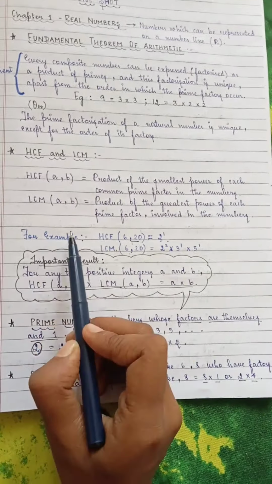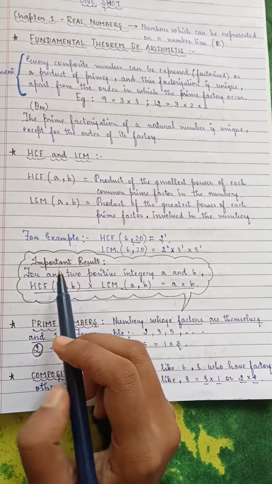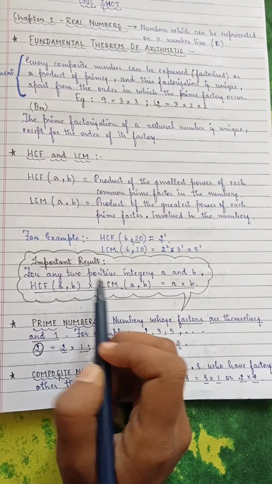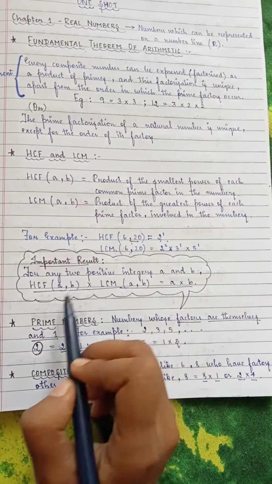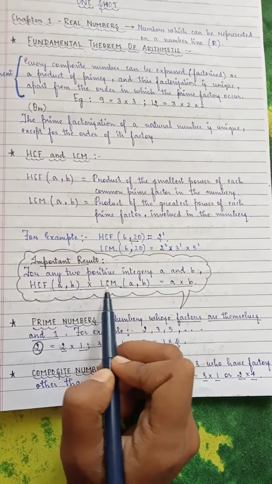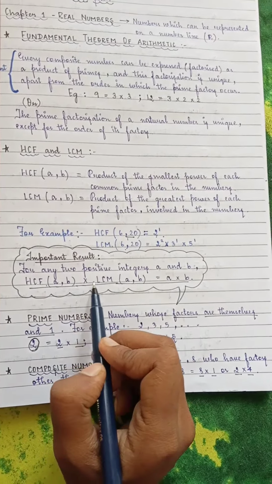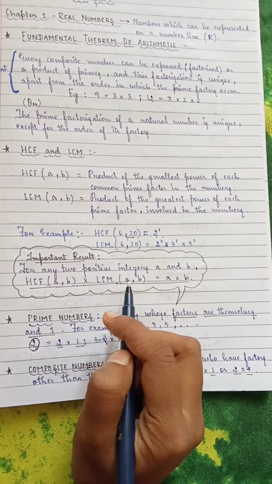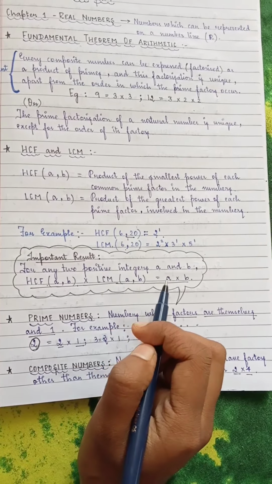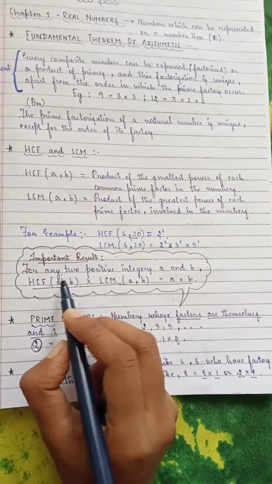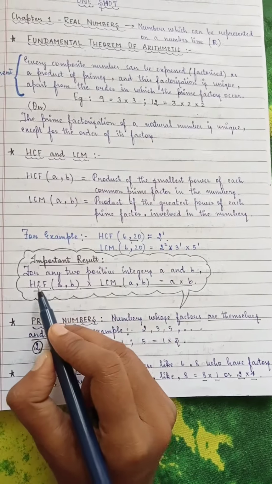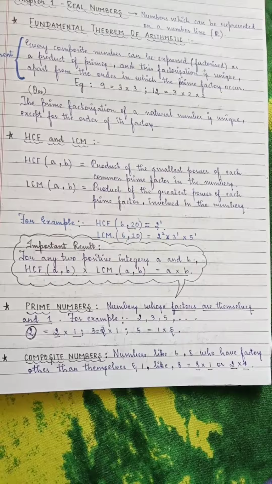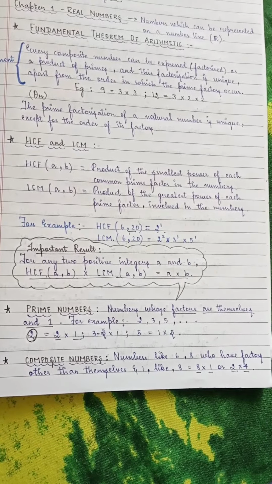From this concept, we can arrive at an important result: for any two positive integers A and B, HCF of A and B times LCM of A and B is equal to A into B. I am repeating again, HCF of A, B into LCM of A, B is A times B.